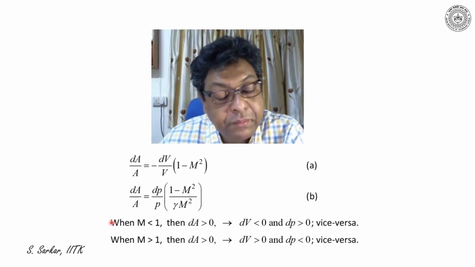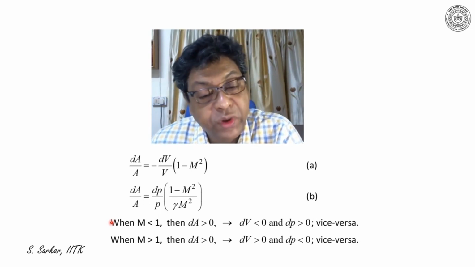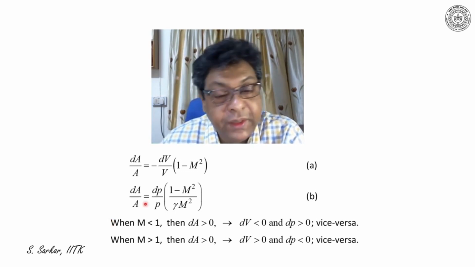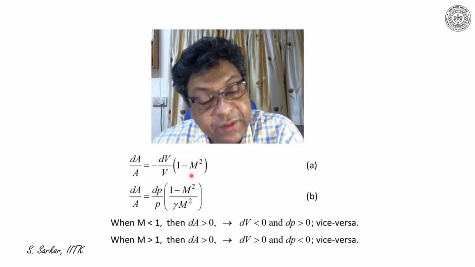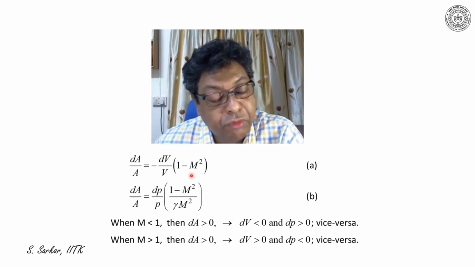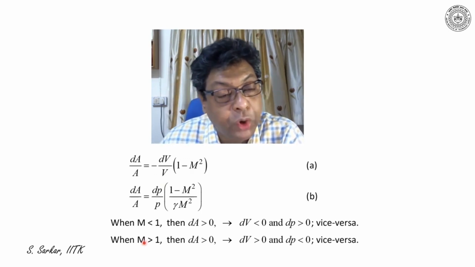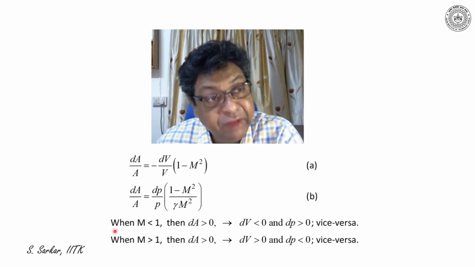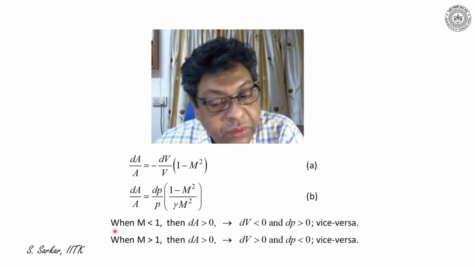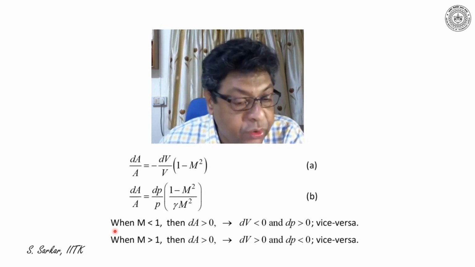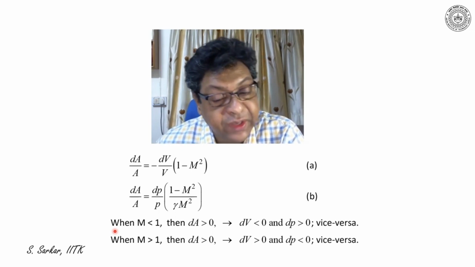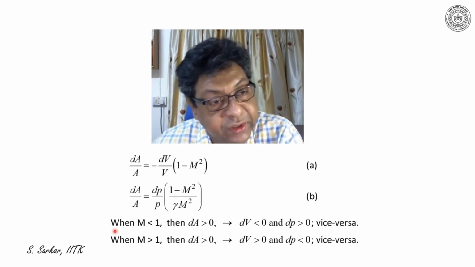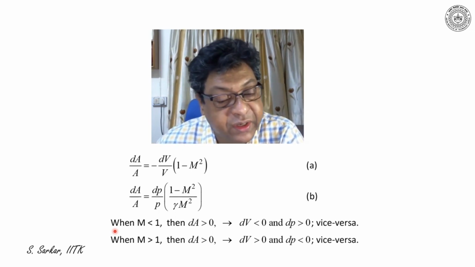When M is less than 1, that is the flow is subsonic, then 1 minus M squared is positive. That is, when dA is greater than 0, dV is less than 0, and dP is greater than 0, and vice versa. That is, as area increases, velocity decreases, and thus the pressure increases.